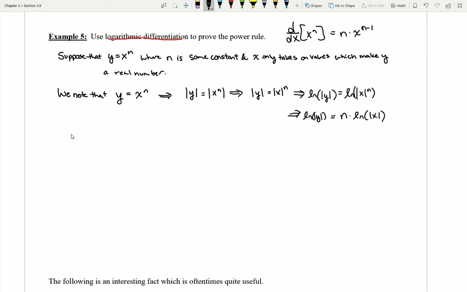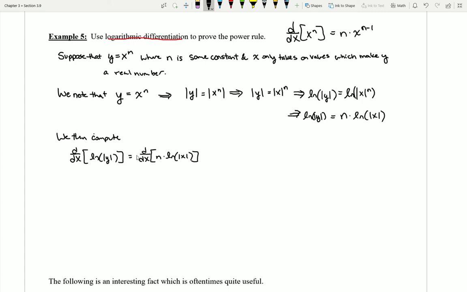So now I can jump to my derivative. Say we then compute that if I took the derivative of both sides, so I took the derivative of the natural log of the absolute value of y, that should be equal to the derivative of n times the natural log of the absolute value of x.